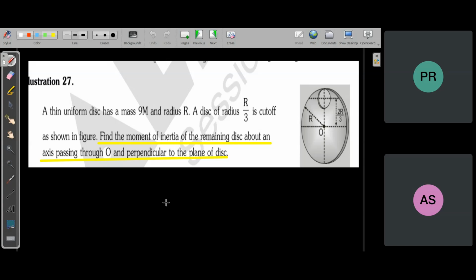So you understood the process here, what you will do for this question. Just explain the process, what you will do in this question.